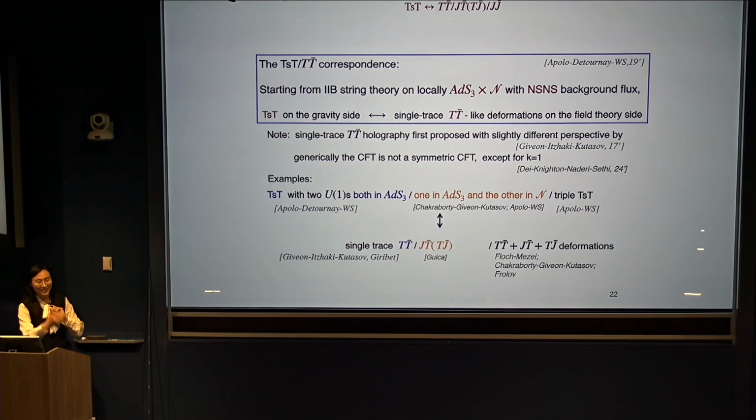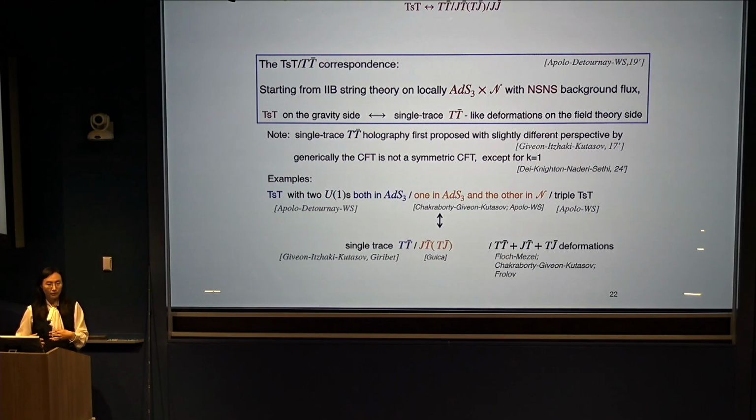You may immediately argue that this field theory is not really a symmetric product, but I admit this is true. What I expect is that at the moment single trace TTbar is only defined for symmetric product theories.